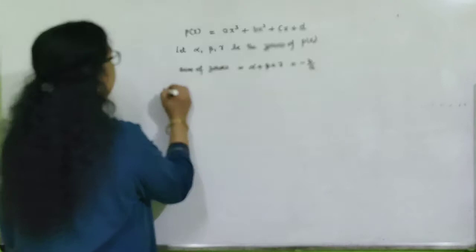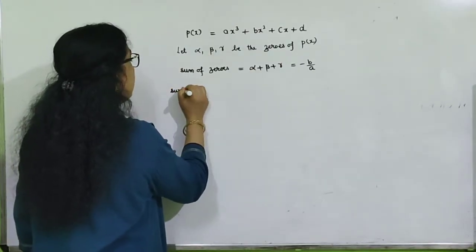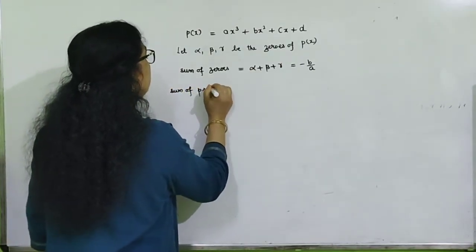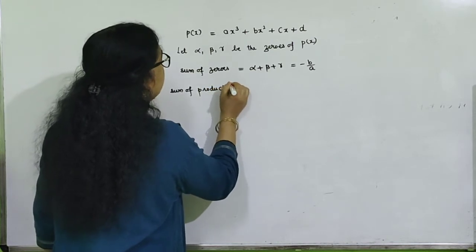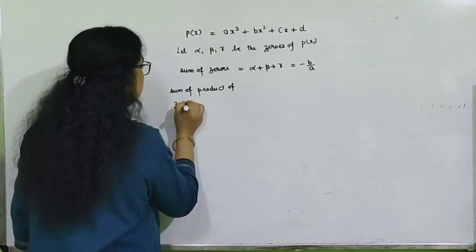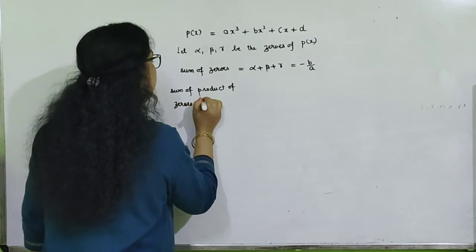Next is the sum of products of zeros, two taken at a time.